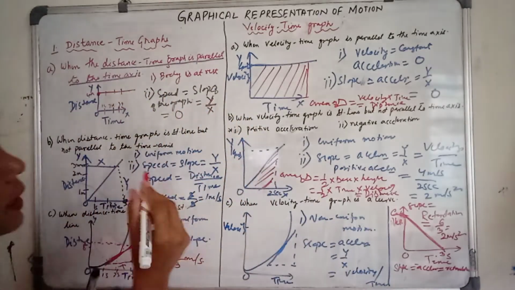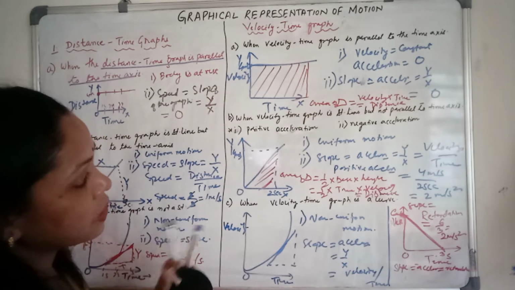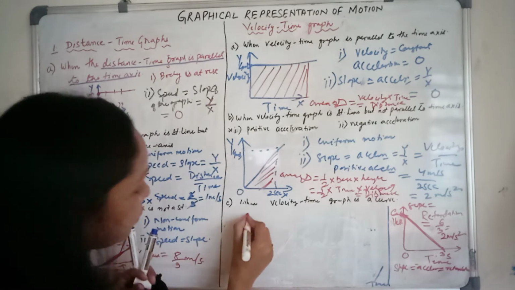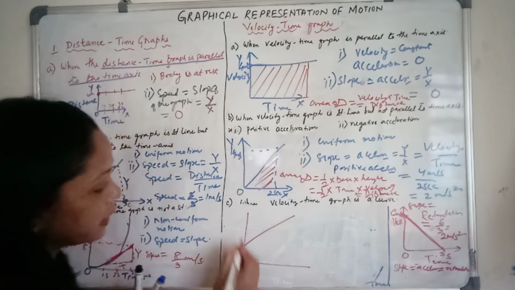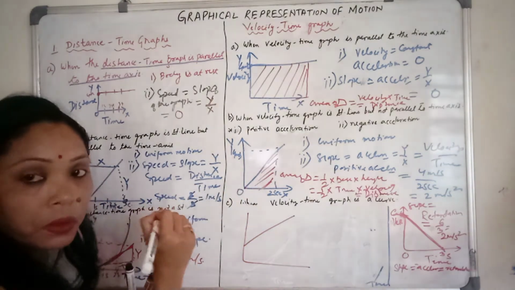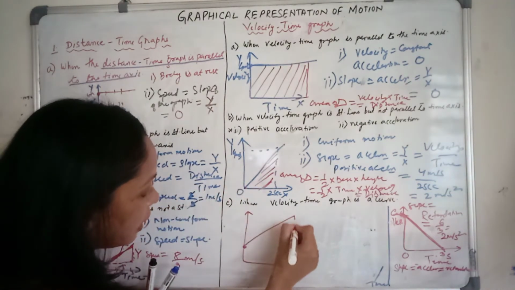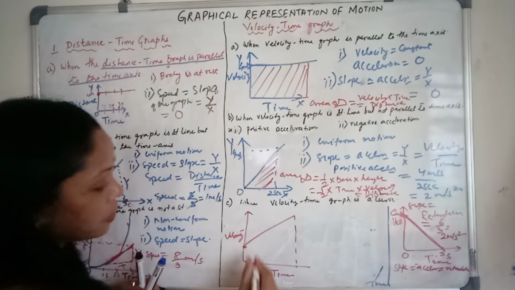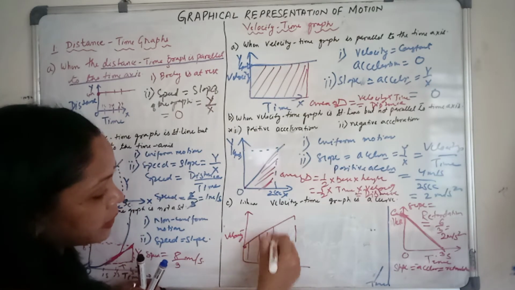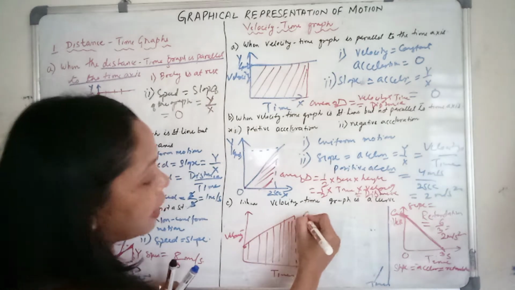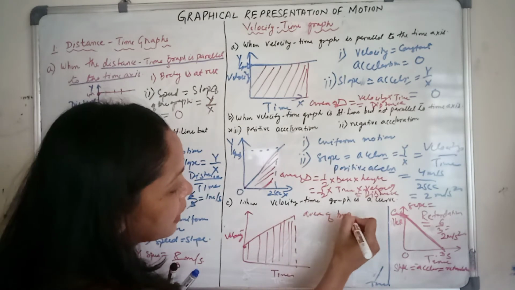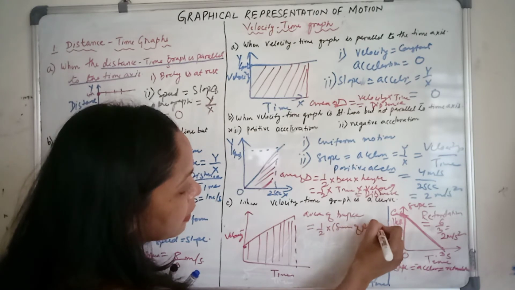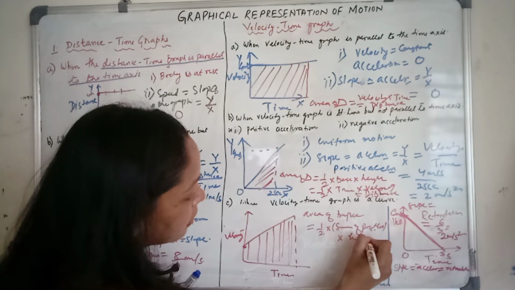So if you get a graph like this, I'm rubbing this one. Suppose your graph is like this, it means the initial velocity is not 0. This one will be the time, this one will be the velocity. So if you find the area covered by this, what is this figure? This figure is a trapezium. So area of trapezium is equal to half into sum of the parallel sides into height.